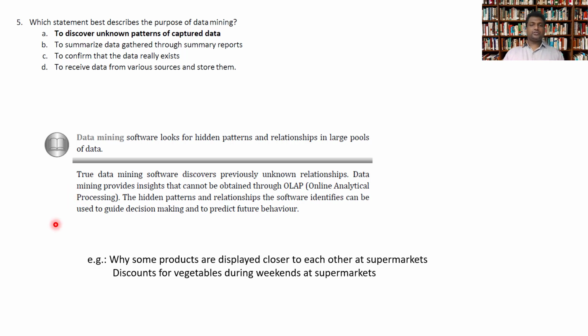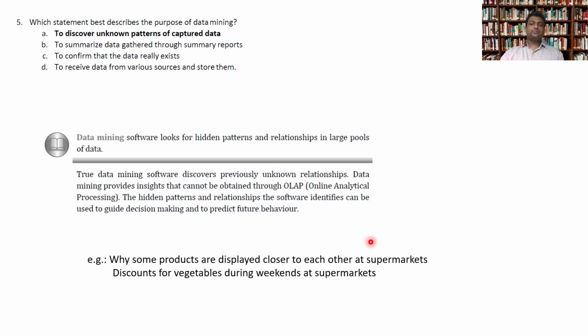To give you a bit of an understanding on how this happens, in some supermarkets, if you really notice, you can see certain products are stacked together and kept together. Certain products are kept together and they don't belong to the same category. For example, bread and eggs.